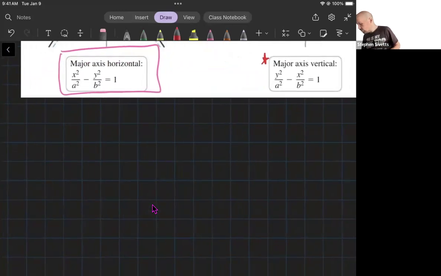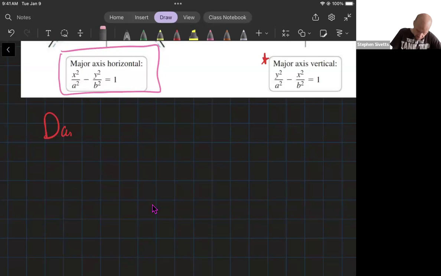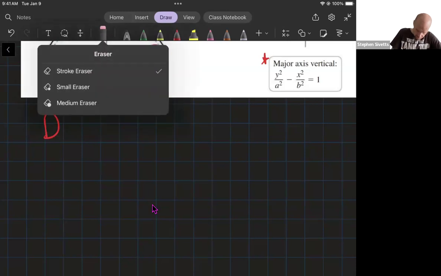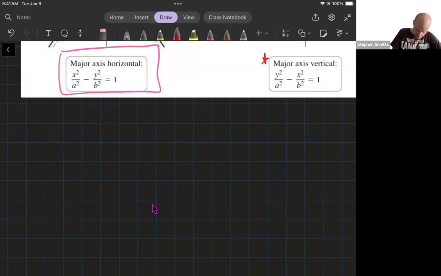On how to draw the hyperbola. Let's see, where is one? Oh, this one here.